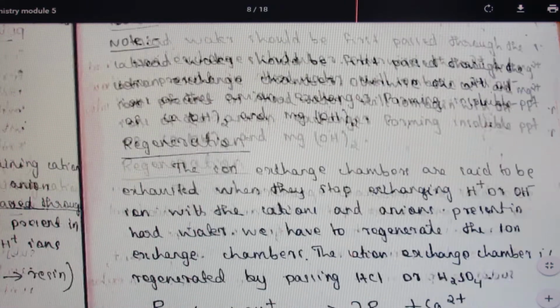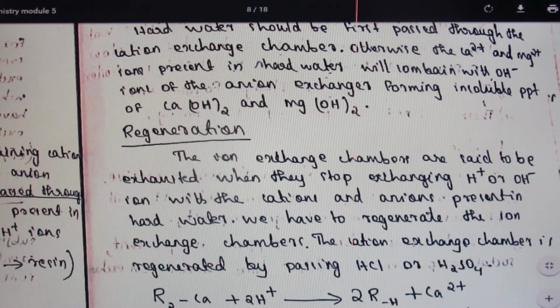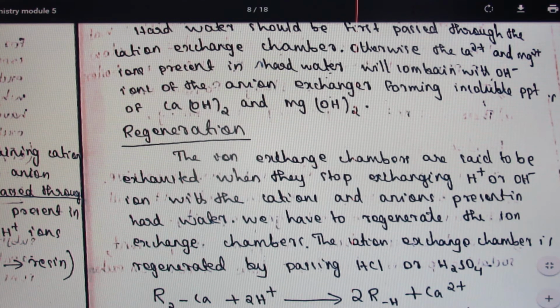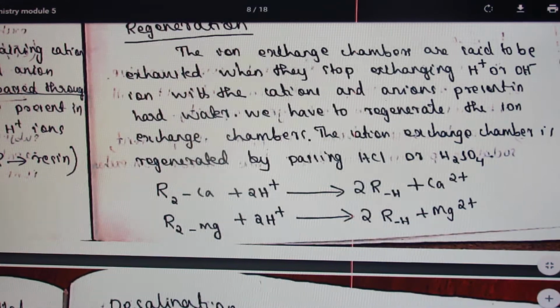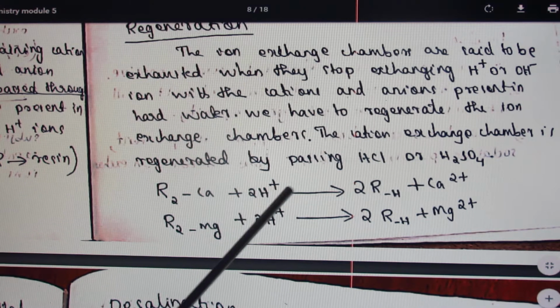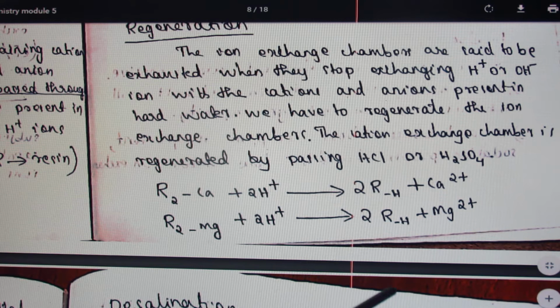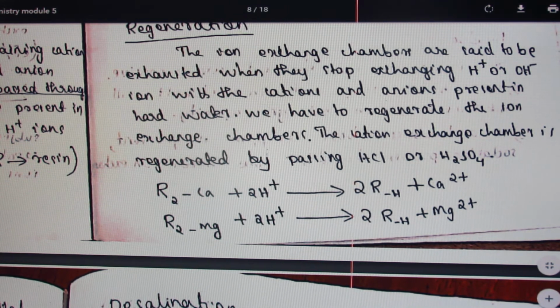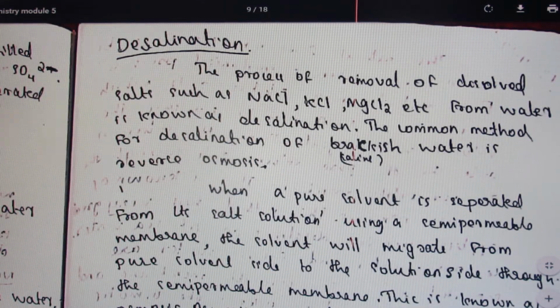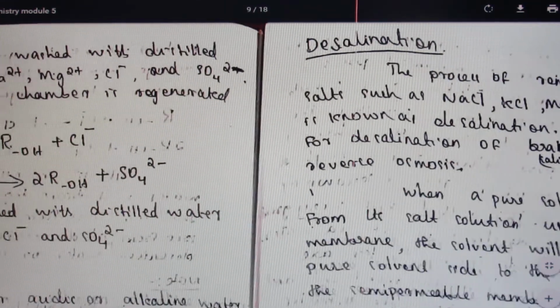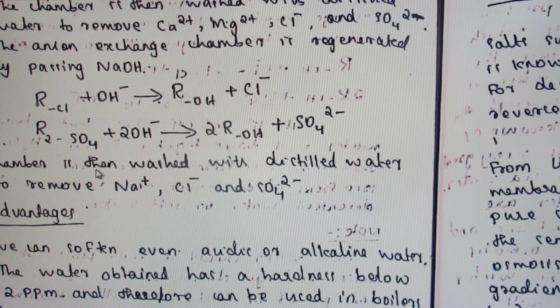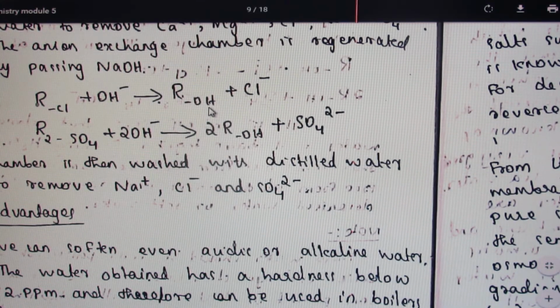Then one more important thing here is that these resins can be regenerated. The main advantage of this ion exchange process is that the polymer resin can be regenerated and reused. So the cation exchange unit, RH, can be regenerated by treating it with HCl or any H+ source. In the same way, the anion exchange unit can be treated with OH- ion to obtain the corresponding anion exchange unit.